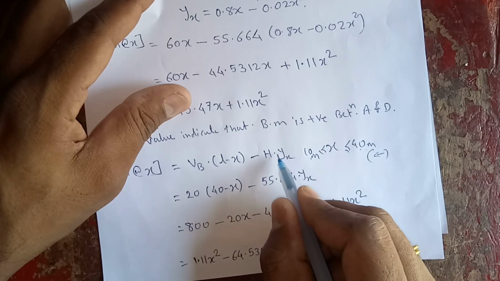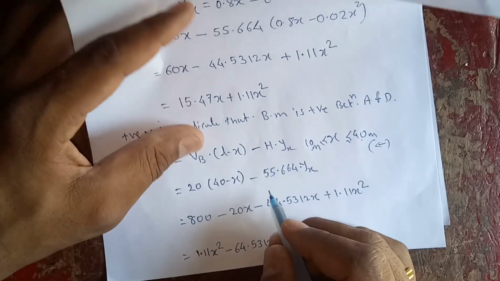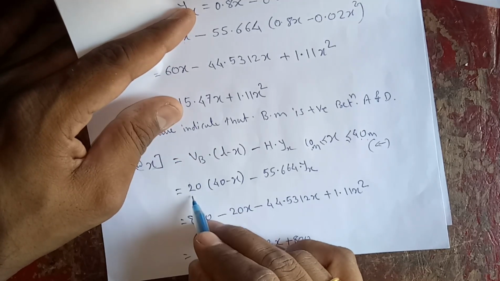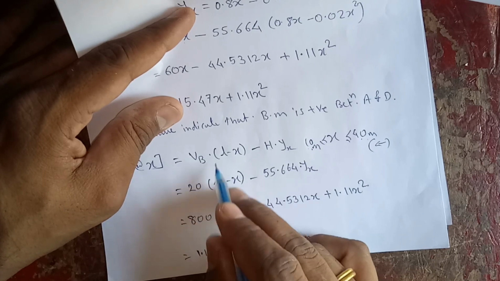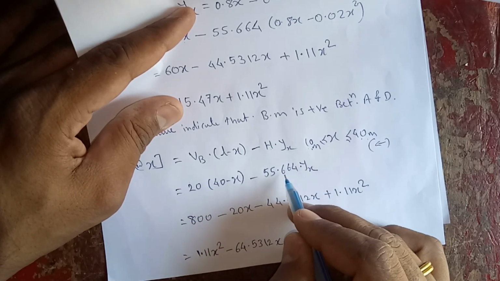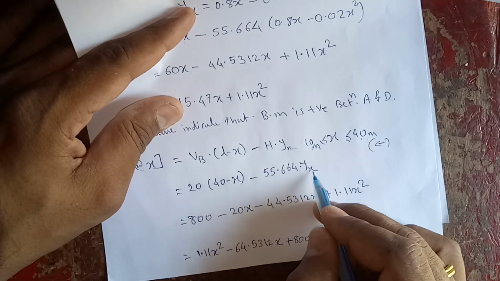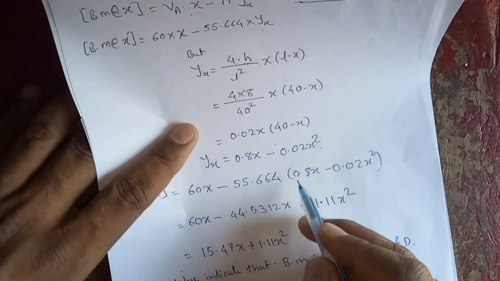HB is again equal to H, so we'll substitute that value. VB we already calculated, it is 20, L is 40, minus x, minus H we already calculated 55.664 into YX. YX also we already calculated here, right?